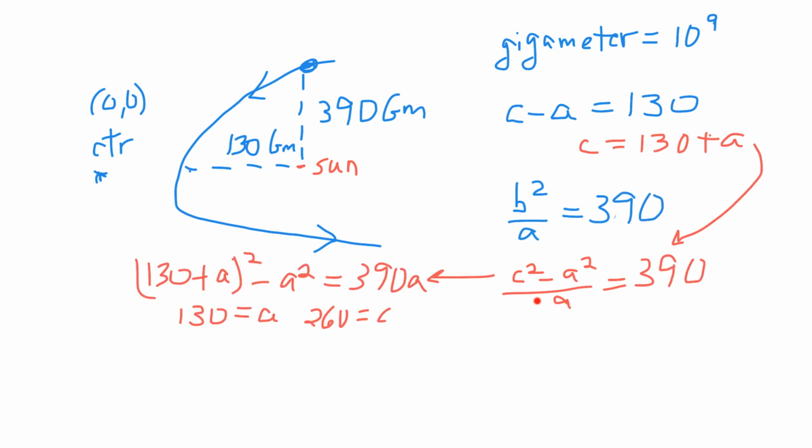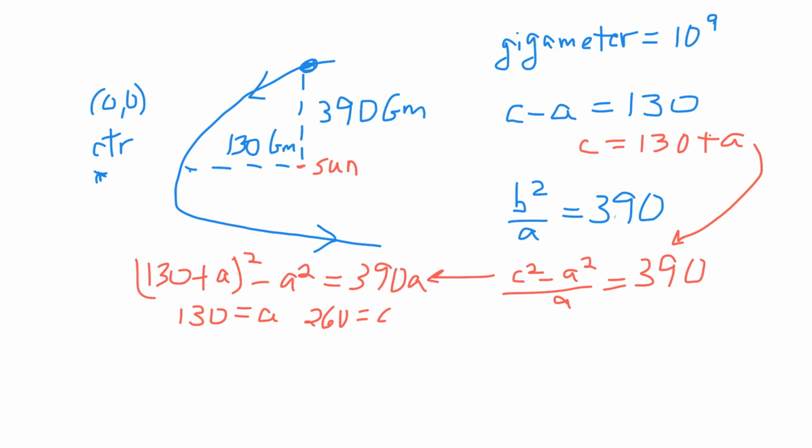Our second equation can now be solved for a, because we can make the replacement and FOIL and cross cancel and get an answer for a. We could plug that answer in up here to get our answer for c. And we could use our Pythagorean formula to get our answer for b.